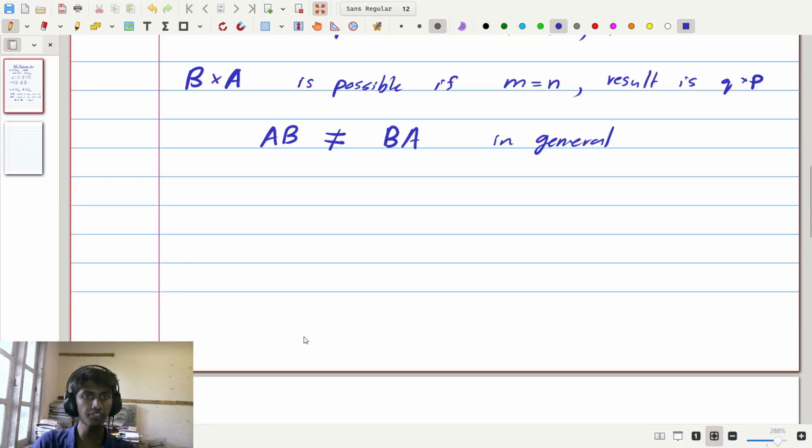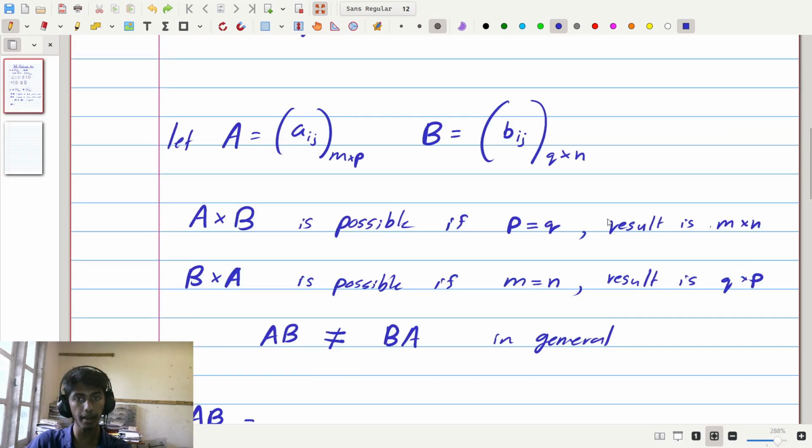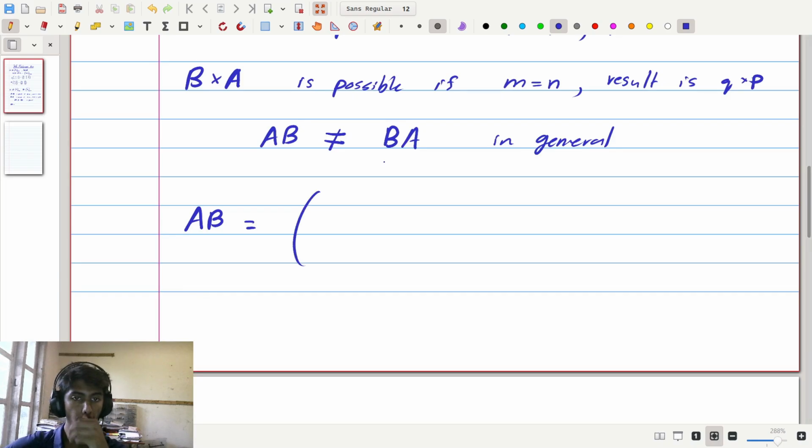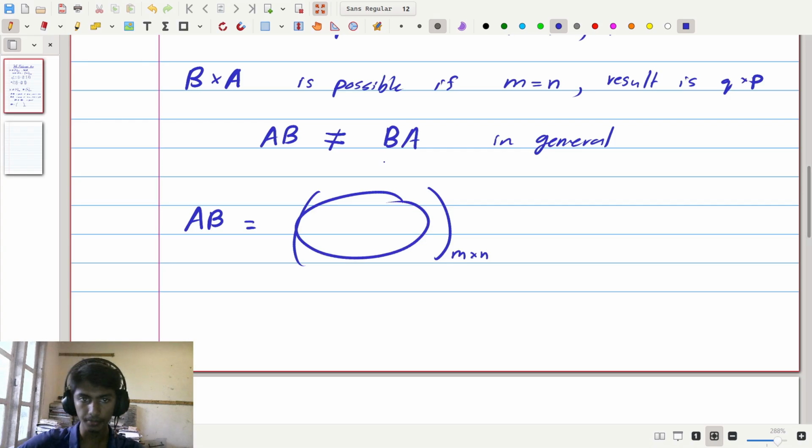Now, let's consider the expression of this matrix. If we have A times B, as in A first, then we're going to have a resulting matrix which is going to be M by N. So we can draw that M by N like this. And considering the inside, each individual element is going to have an interesting formula for it.